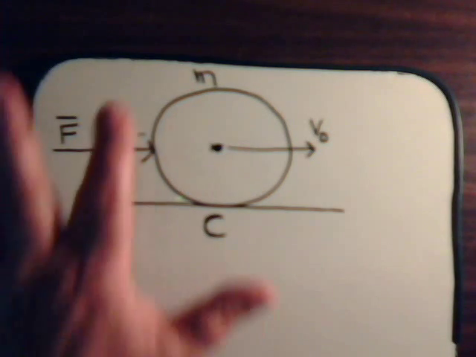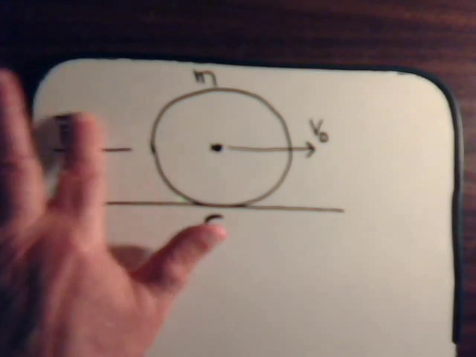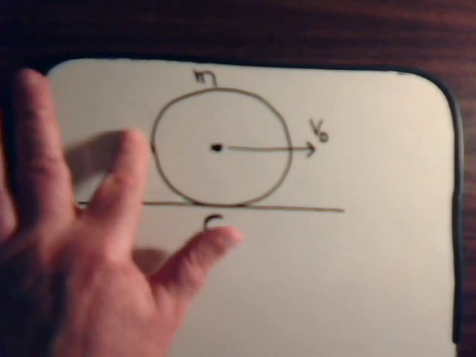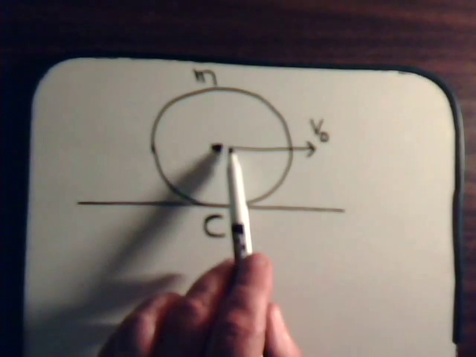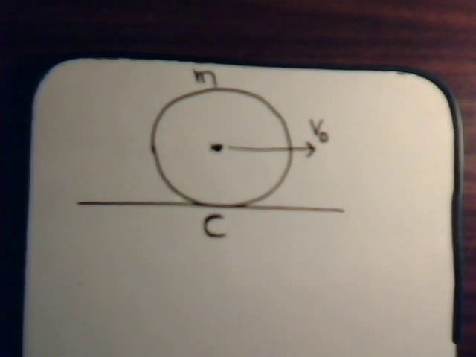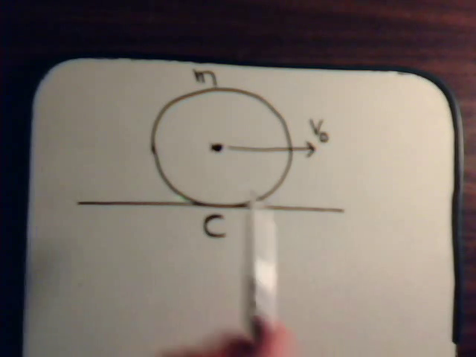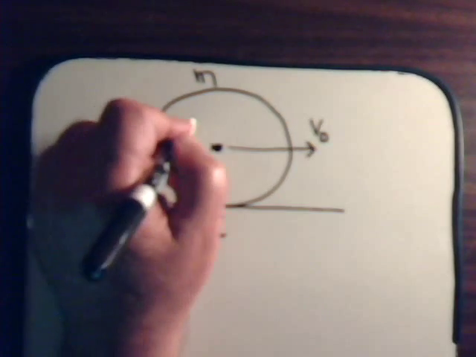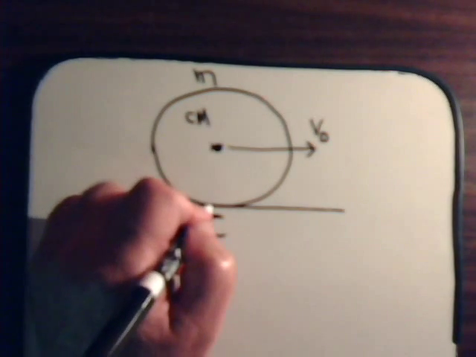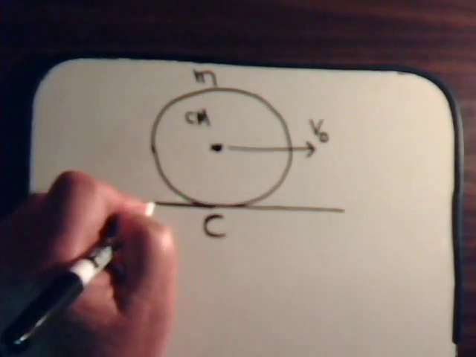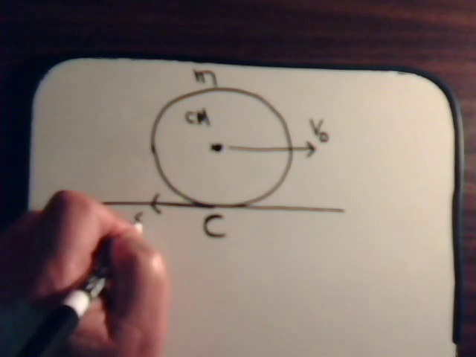So struck by the cue stick, we don't need this anymore because there's not going to be any more force, but immediately after it's struck by the cue stick, it is going to have a velocity v0, a translational velocity v0 of its center of mass. Then when it moves across, there's going to be a frictional force.